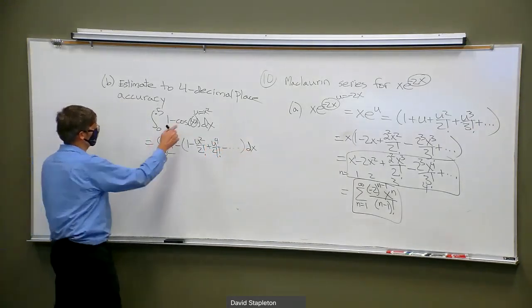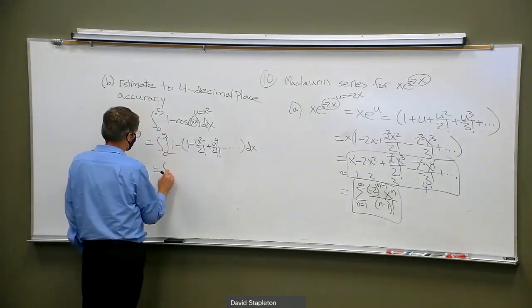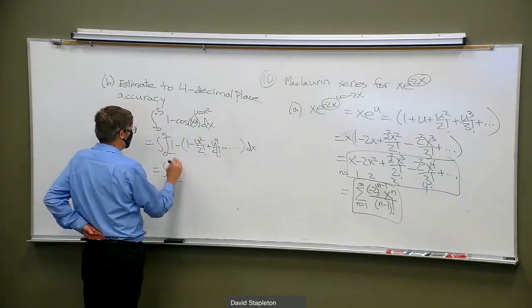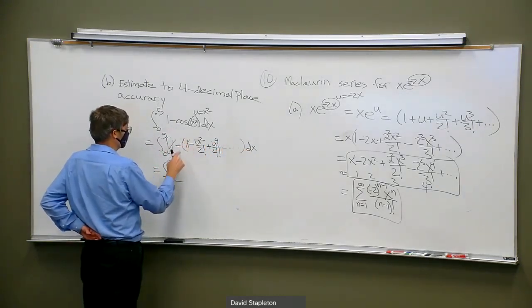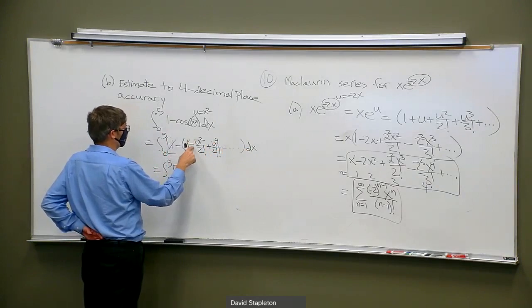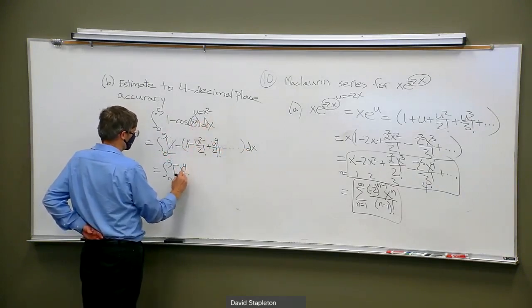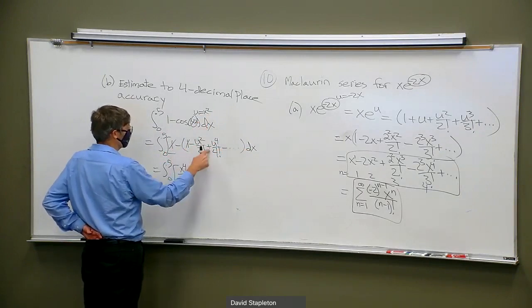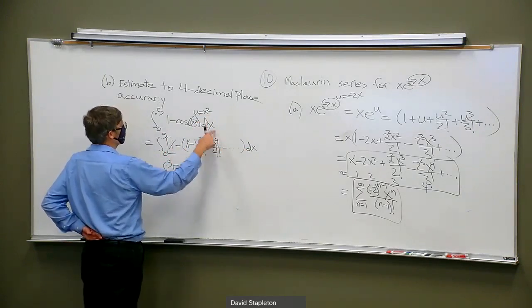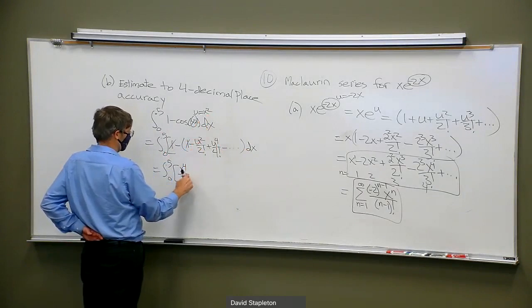Now if I put u equals x squared, this is the integral from 0 to 0.5. Oh, the ones cancel nicely. I've got minus and minus is plus u squared, which is x to the 4th, over 2 factorial. Then minus u to the 4th is x to the 8th.